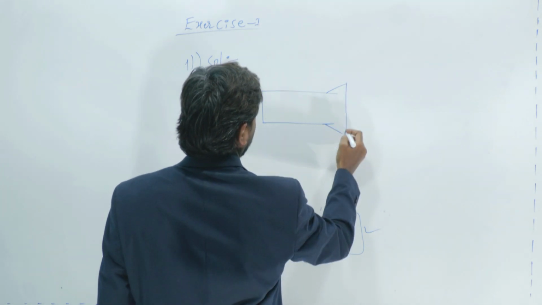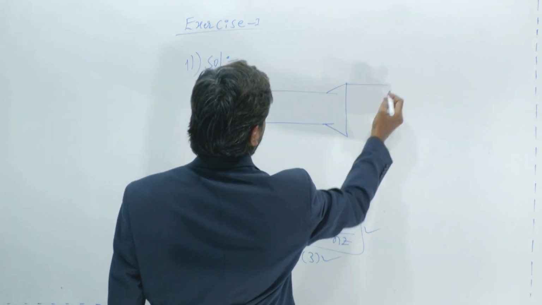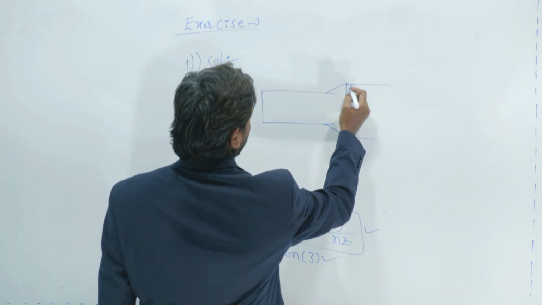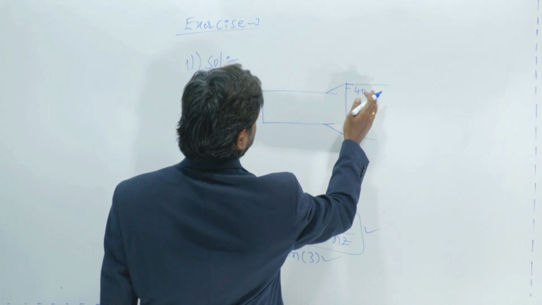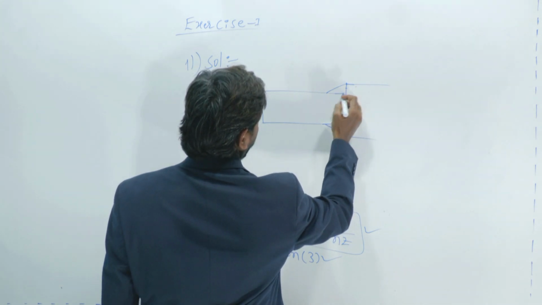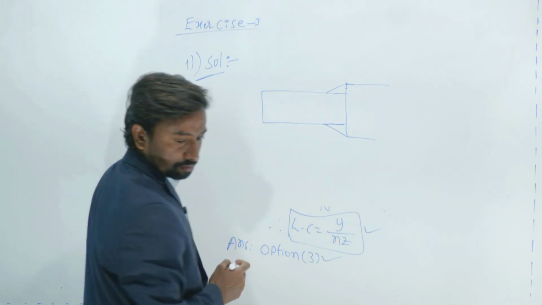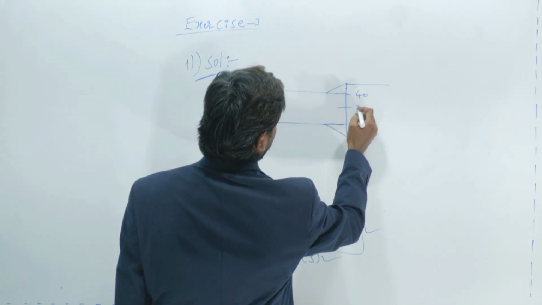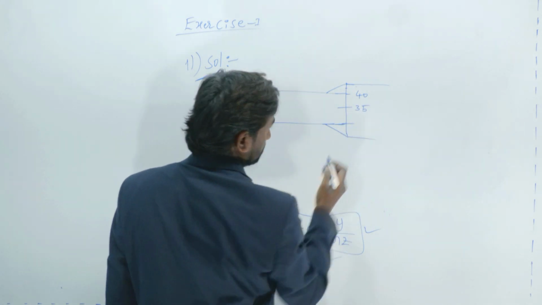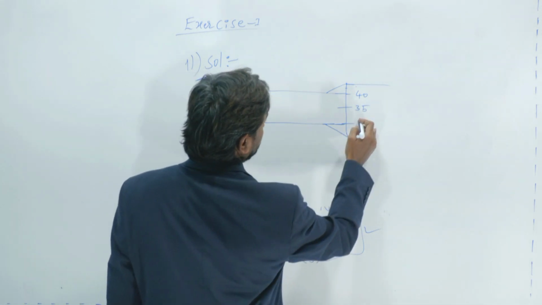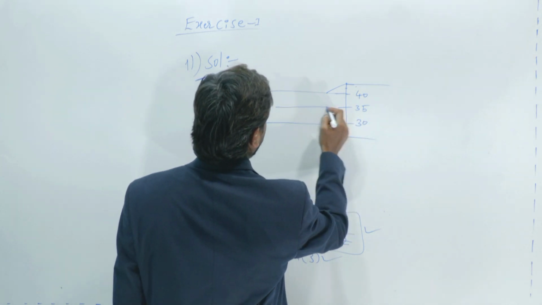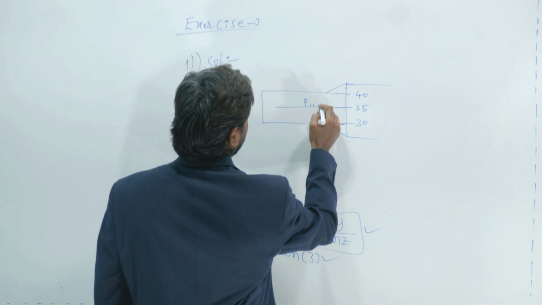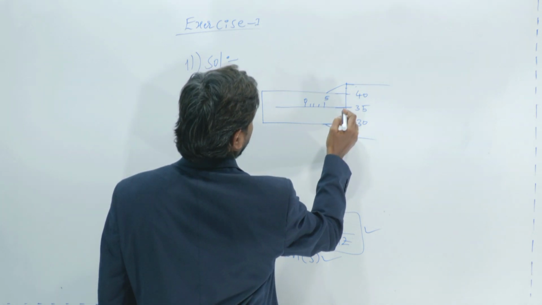There are 40 divisions here, this will be 35 and here it is 30, and this will be the baseline. It coincides with this, and here the 0 line, 1, 2, 3, 4th.